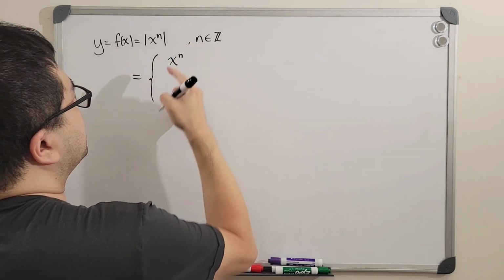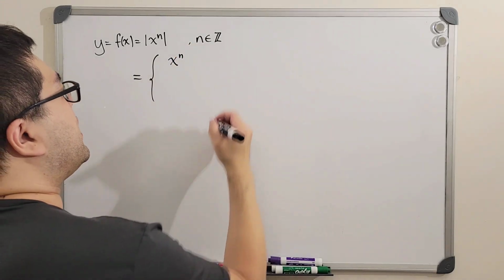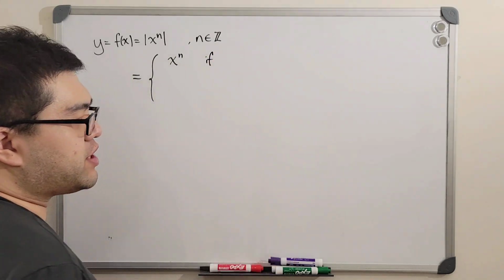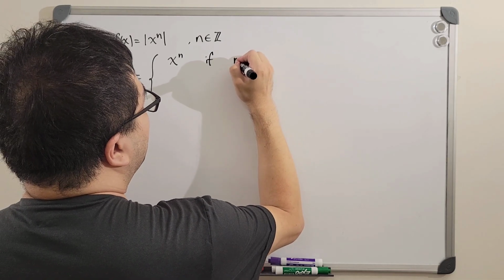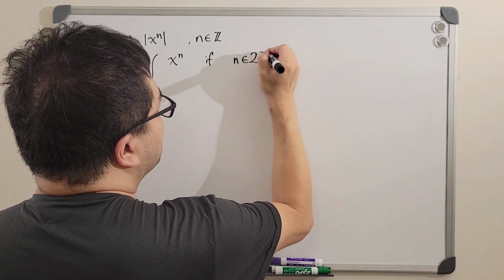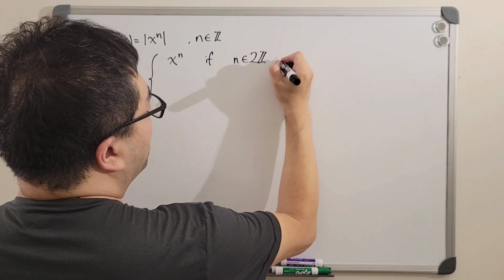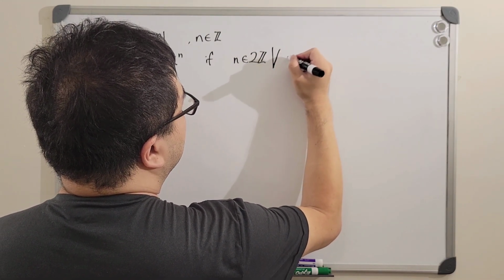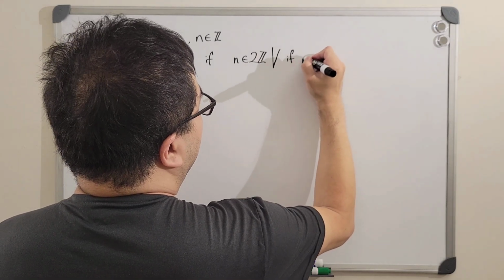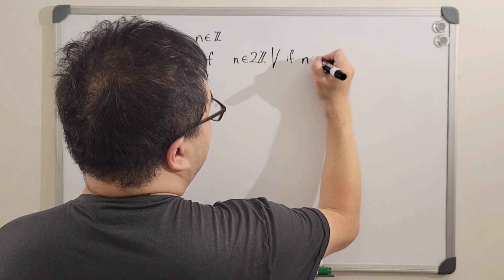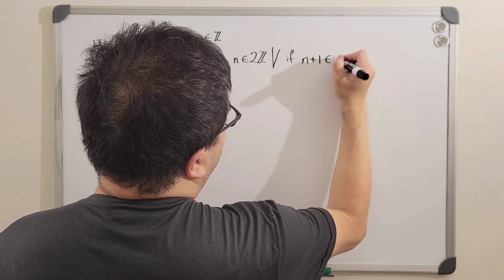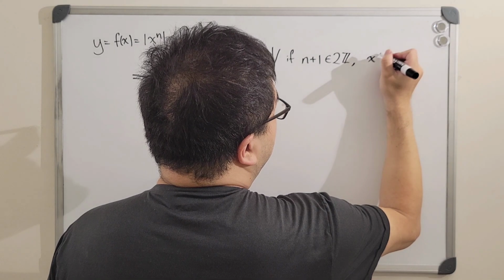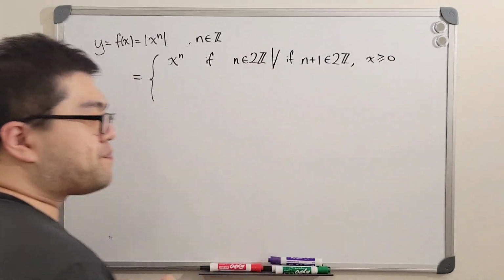In other words, we will say that it's equal to x to the n power if either of two cases: if n is an even number, or if n is an odd number, so n plus 1 will of course be even, where x is greater than or equal to 0 at the same time.